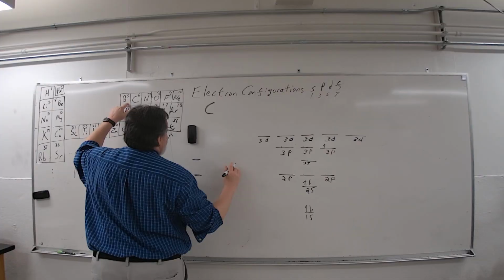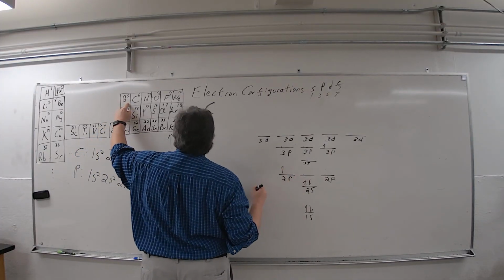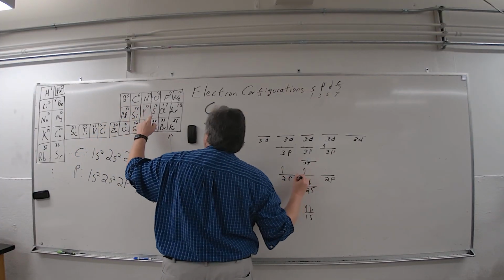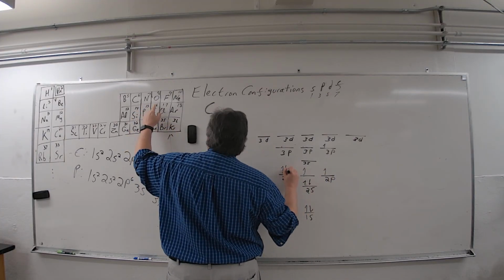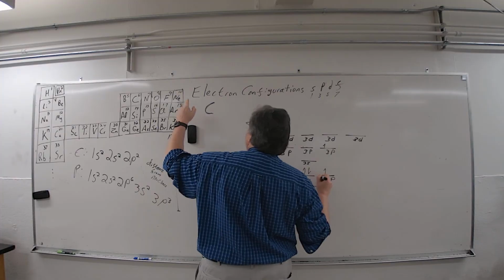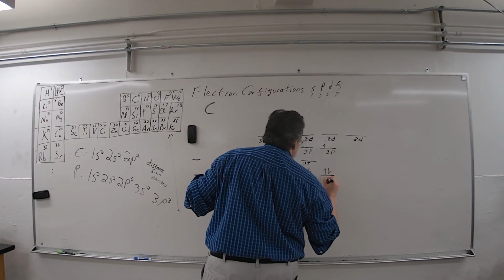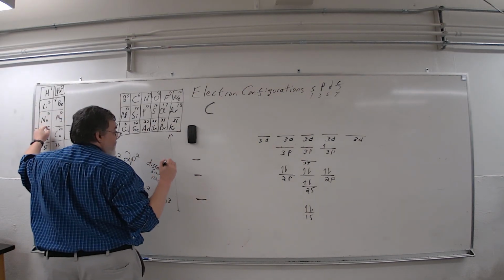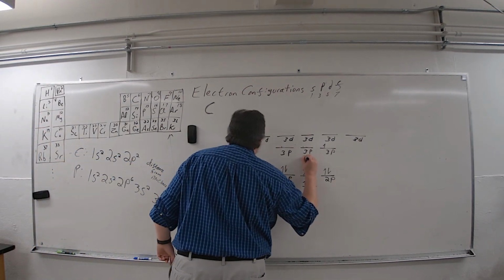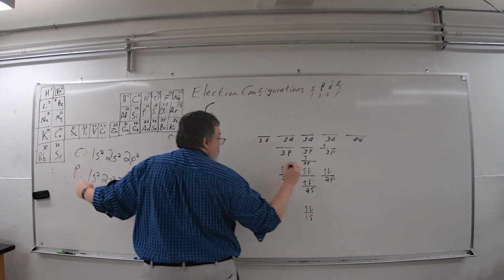Now if we went to 5, we're filling up here. There's boron, there's carbon, that's nitrogen, that's oxygen, that's fluorine, and there's neon. So I was here. Now I'll go back over here for 11, and again I'm filling an s orbital. That's sodium, and there's magnesium.